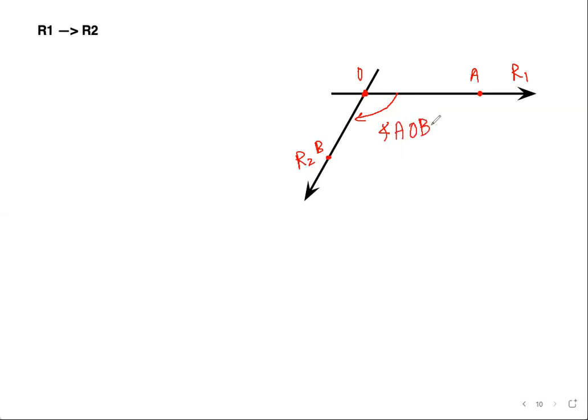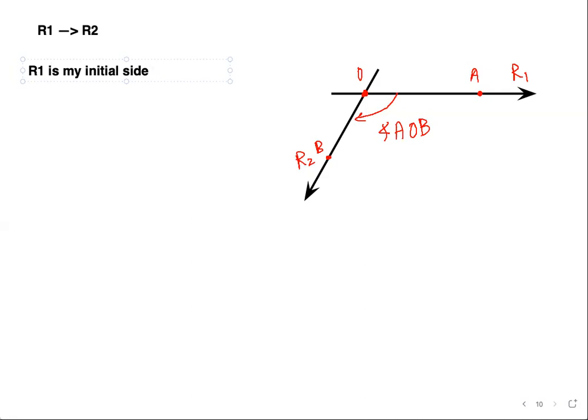So what's my initial side here? R1 or R2? R1, exactly. R1 is my initial side, because I start from R1 going to R2.